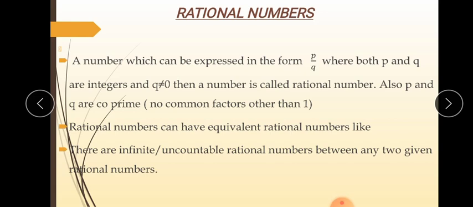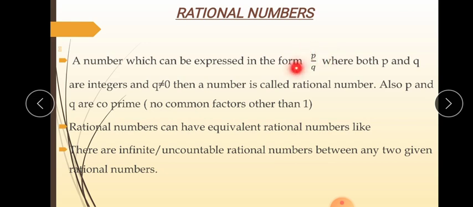But there are some conditions. These conditions we have to learn nicely. Both p and q are integers. So remember, both the numerator as well as the denominator should be integers, and q is not equal to 0.